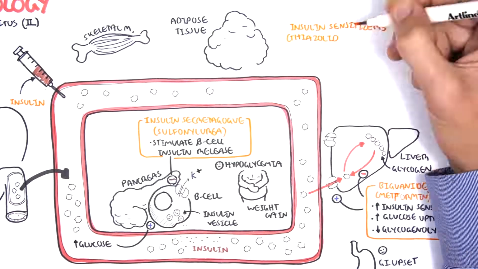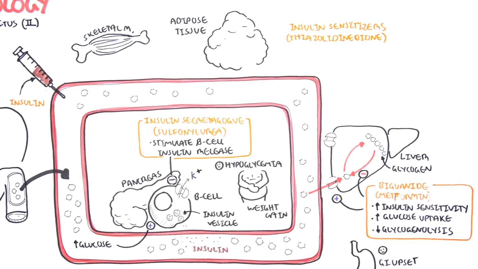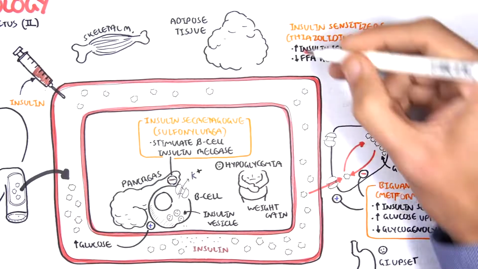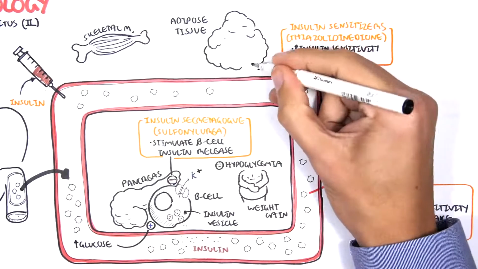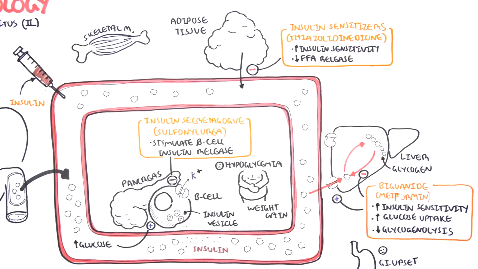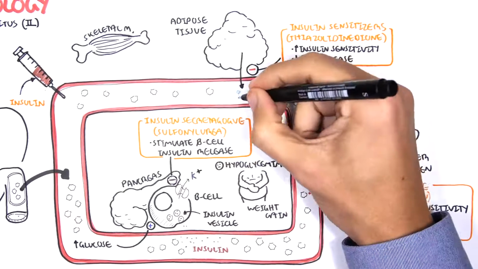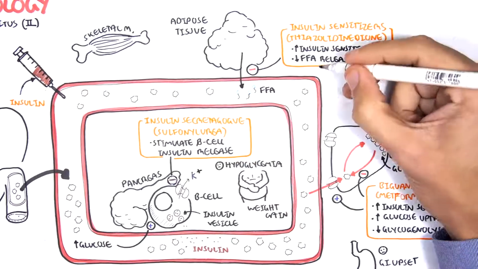The next medication are insulin sensitizers. And examples of these include, and I'm going to pronounce this wrong, thiazolidinedione. And they work by increasing insulin sensitivity, as well as decreasing free fatty acid release. They inhibit the release of free fatty acids from adipose tissue.